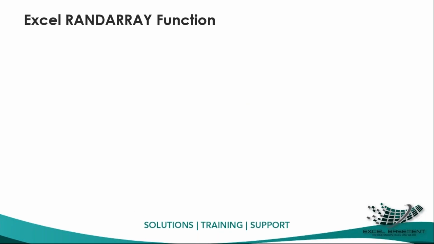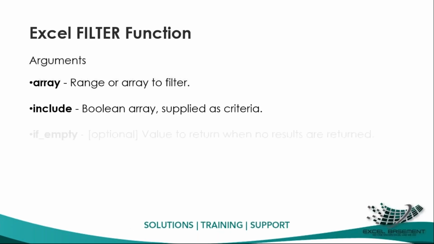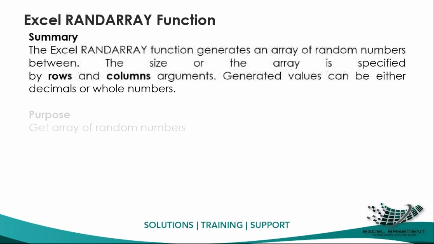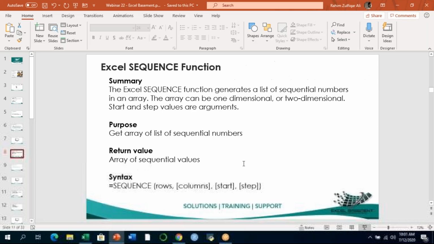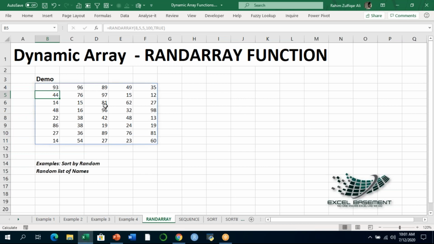But one thing is still remaining in Randarray. Let me tell you what that is. Just quickly going through this function Randarray, I want to add some important points before I proceed to the next function, sequence. As we know, the Randarray function is a dynamic array function.